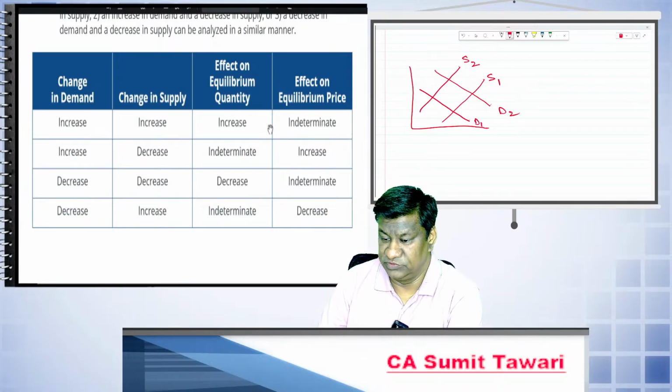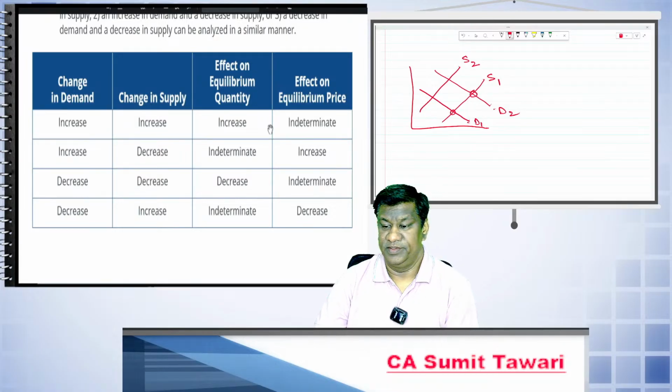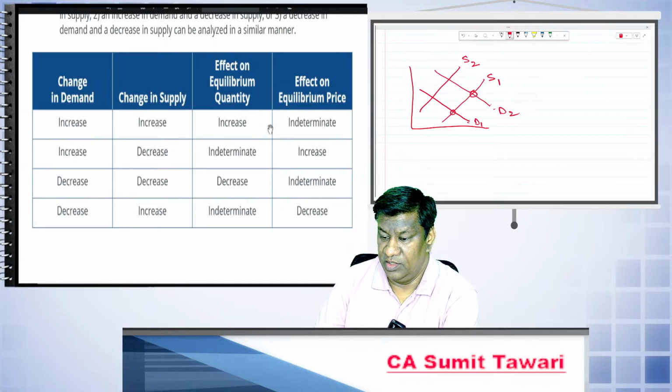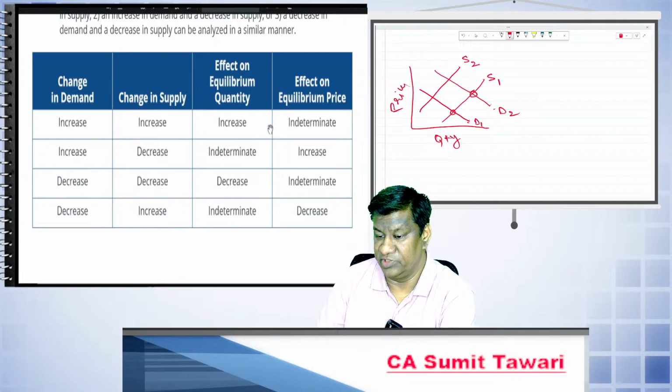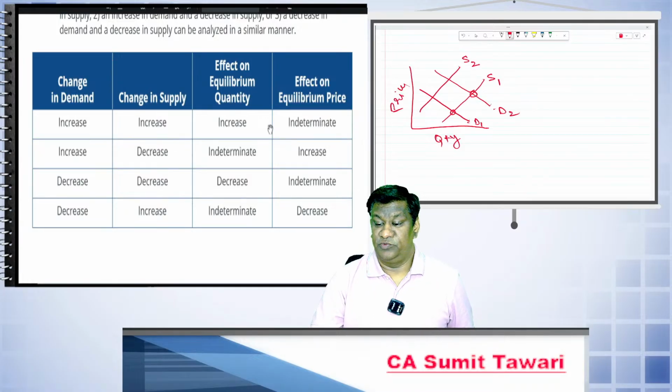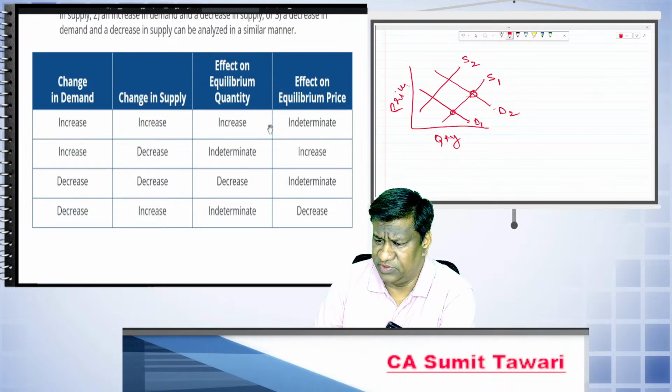If you see here, we can consider the scenario. D1 to D2: what does it mean? The change in demand increases from this level to this level. This is price and the quantity. So demand increases from D1 to D2, and the supply also increases from S1 to S2, like this. If this is the situation, then this is my equilibrium point.